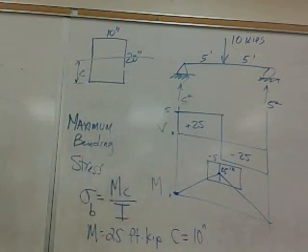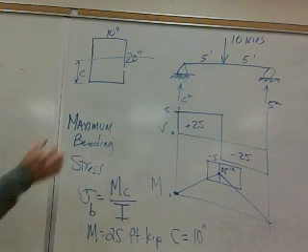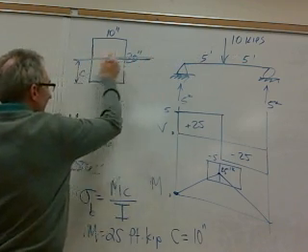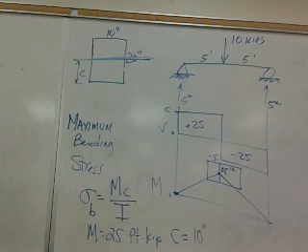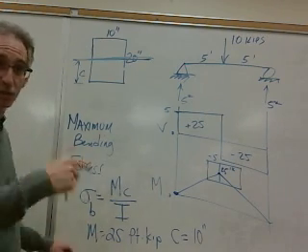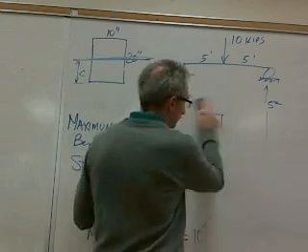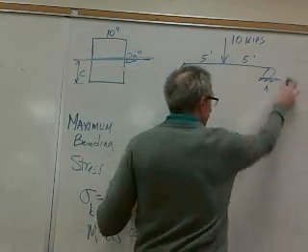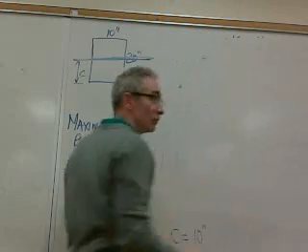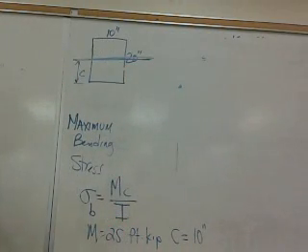And then the last thing would be moment of inertia. Now I've already said, hey, this is the axis that I'm interested in. Do we know what the moment of inertia of that rectangular shape is? We know a formula for it, don't we?